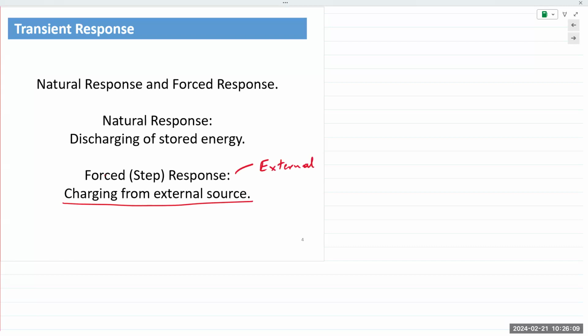The external source or external input causes the current or the voltage in that capacitor or inductor. So basically, it is sending the energy into the inductor and the capacitor, right? Capacitor and inductor are receiving the energy. And the natural response is the exact opposite. There is no external input or no source connected.